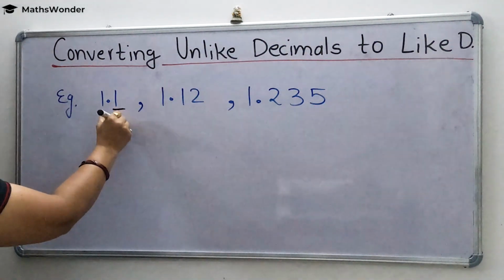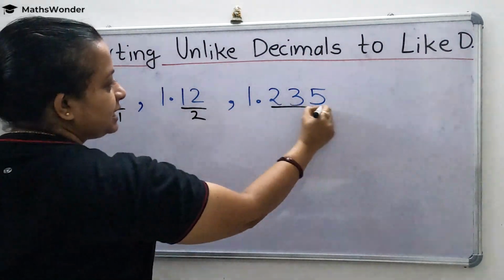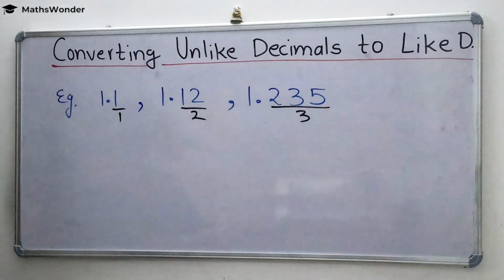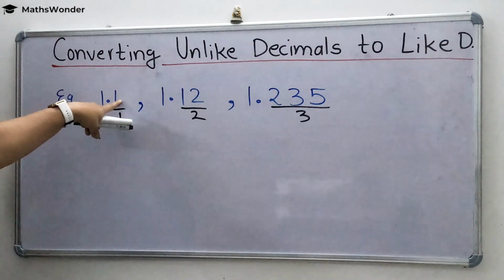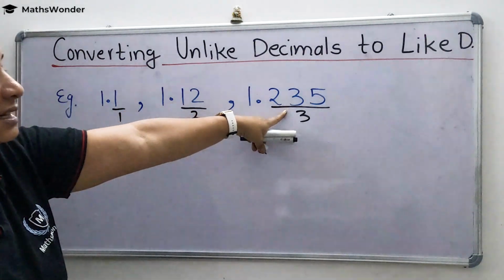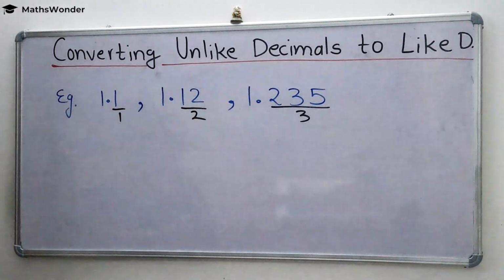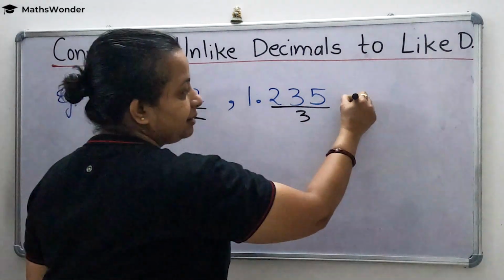Here is 1 place, here is 2, here is 3, right? Now check the maximum number of places. The maximum is 3, as you can see in the question. But these are unlike decimals, right?